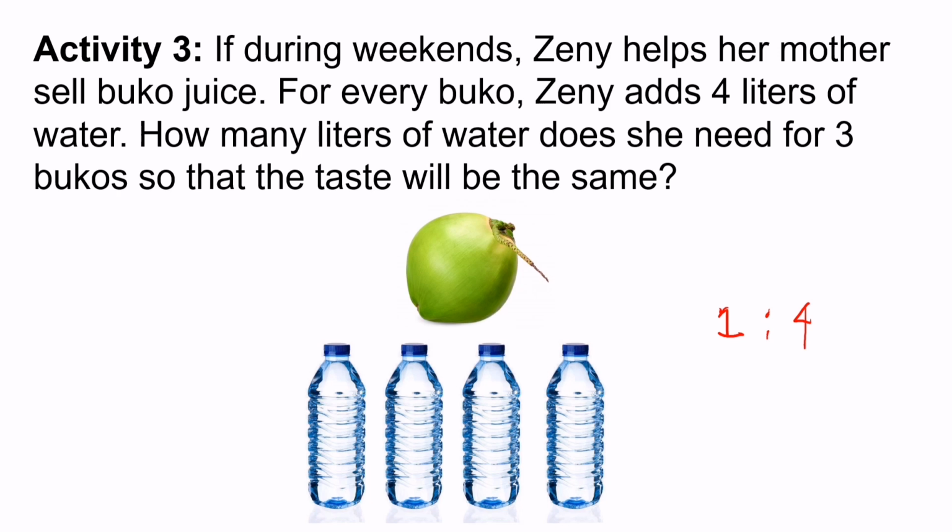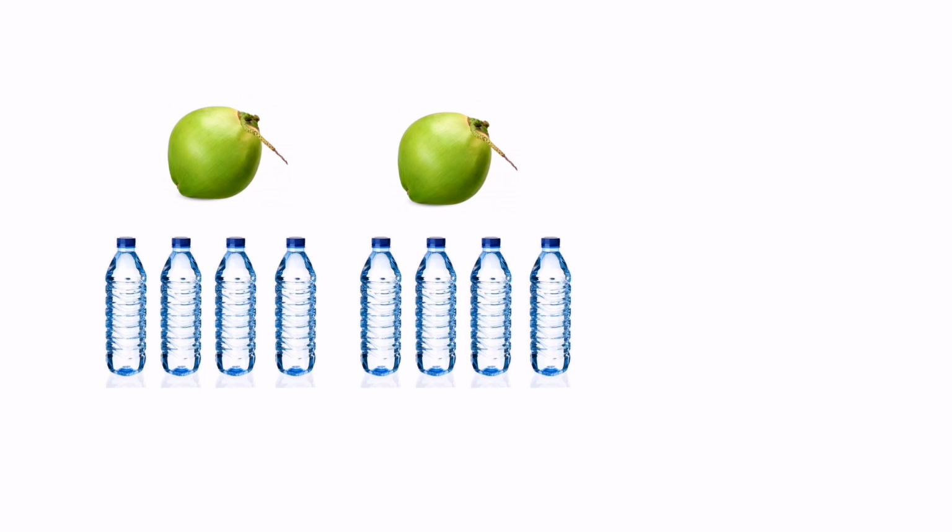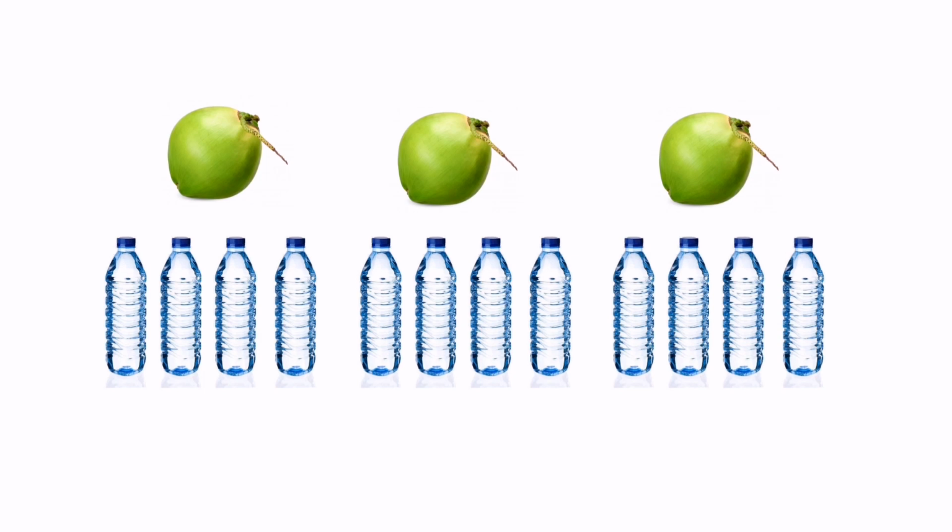Sa second naman, which is in every 3 bukos, ilan kayang liters of water ang idadagdag ni Zenny? Sabi nga natin, 1 buko is to 4 liters of water. Another buko is another 4 liters of water. And for the third buko, there's another 4 liters of water.